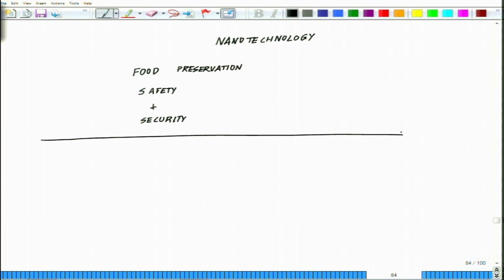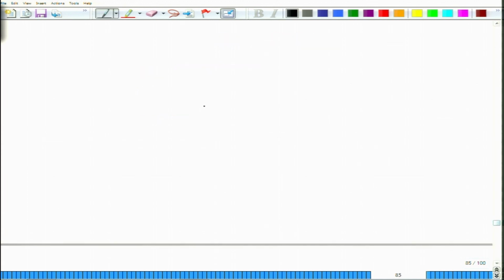So one of the major things, nanostructures for smart food. In a flowchart form we will discuss this, nanostructures for smart food. So in terms of that, we will be talking about food nanopreservation and food nanosafety.